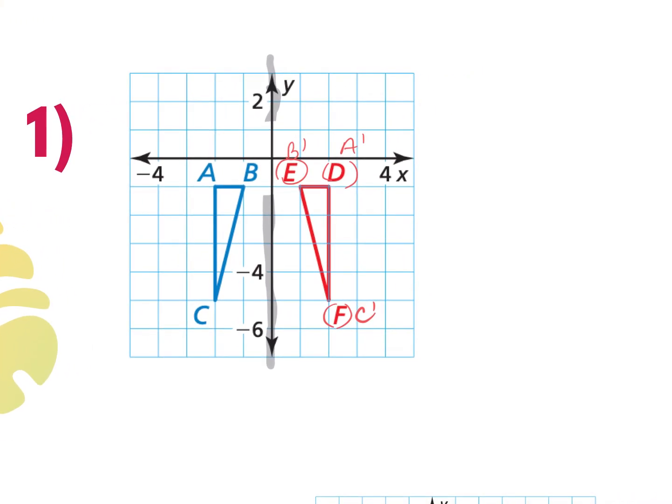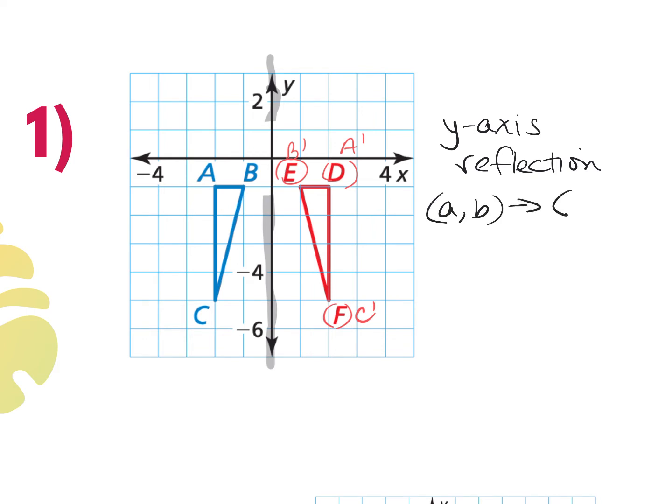When it's reflected across the y-axis, the rule is you take the ordered pair, and in the newly reflected one, the Y stays the same, but the X goes to the opposite.